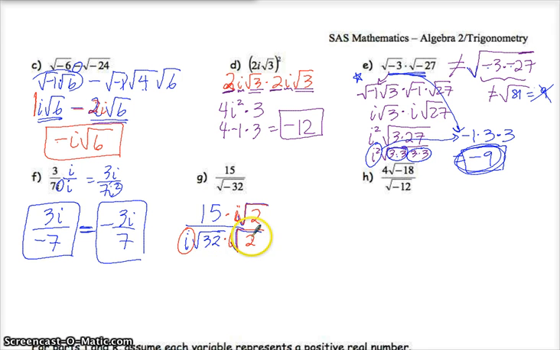So 32 times 2 is 64, the square root of that is 8, and then i times i is i squared, so that became a -8 in my denominator. What do I have in my numerator? I have 15i root 2. Can I cancel anything here with the 15 and the 8? These are the numbers on the outside of the radical. They're not divisible by the same number, so my answer is just literally 15i root 2 over -8.